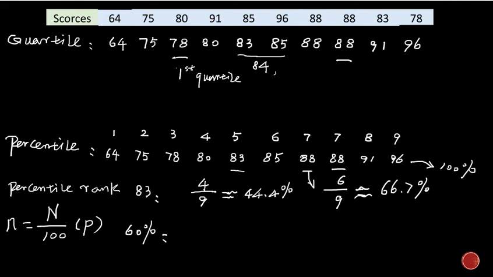Capital N is the size of the data set, how many data points. P is the percentile rank.